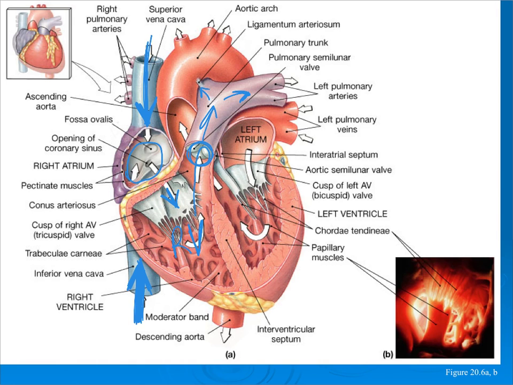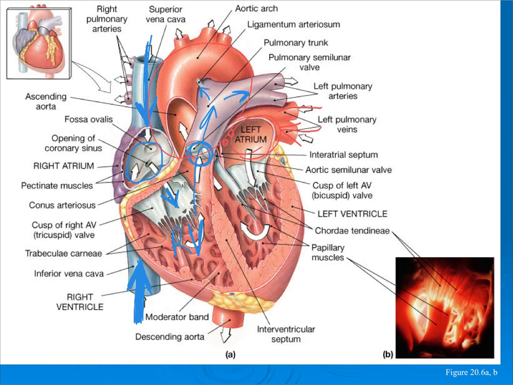Remember, arteries are always taking blood away from the heart. Pulmonary circuit, we drop off CO2, pick up oxygen. So now I have fresh oxygenated blood entering my left pulmonary arteries. You would also have from the right coming here. They're just behind these great vessels, so we can't see that right now.